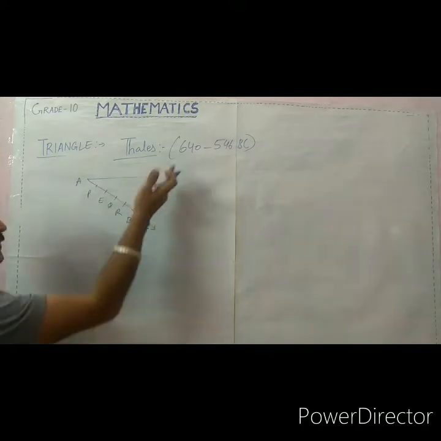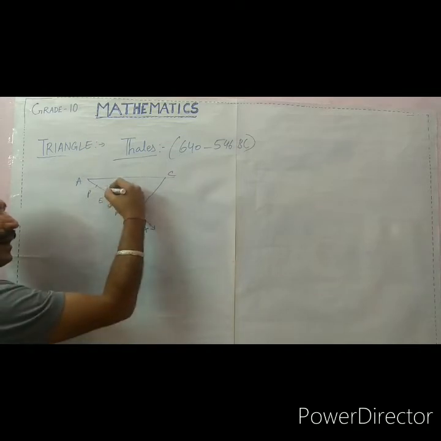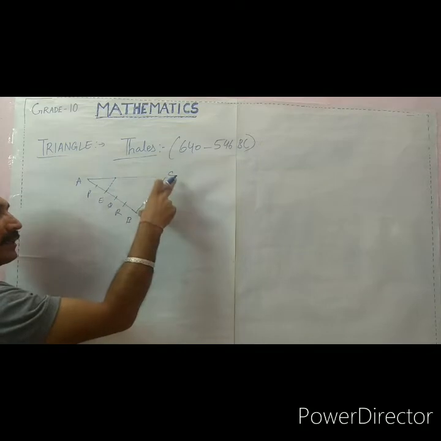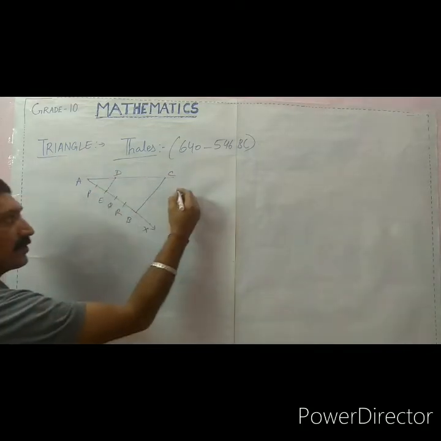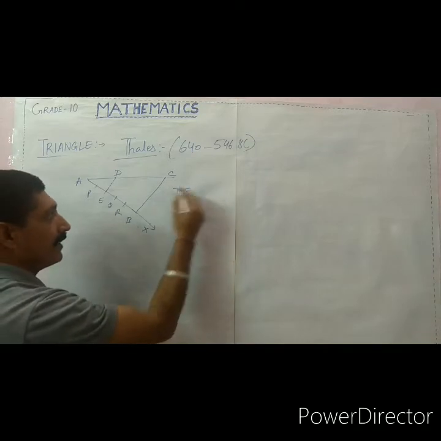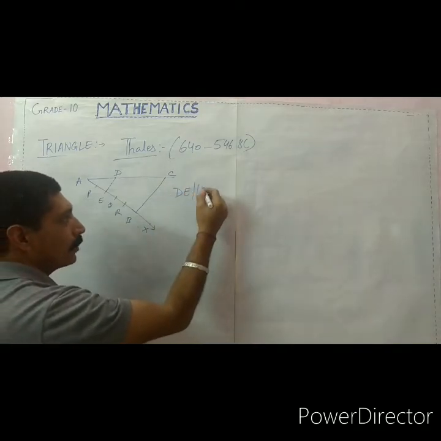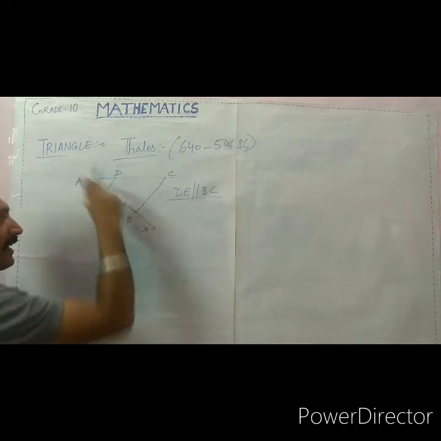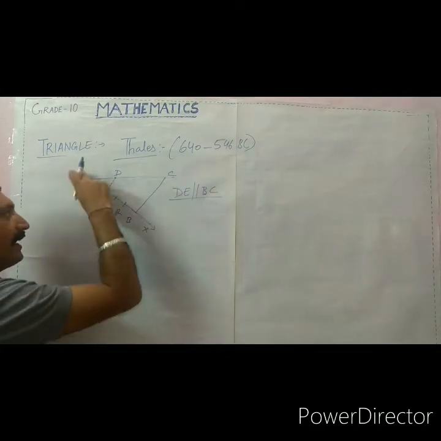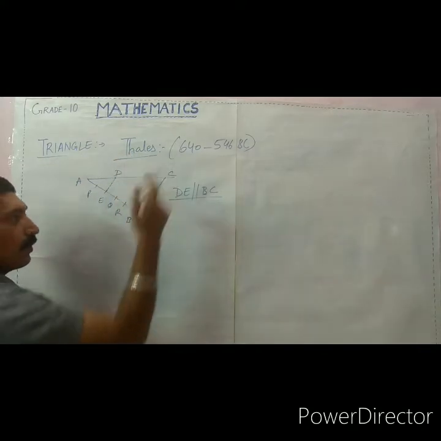And by construction I am drawing one line parallel to the side BC, let this point be D here. By construction I am drawing a line DE parallel to the side BC. Now I have two triangles, ABC and triangle AED. So what do we have?